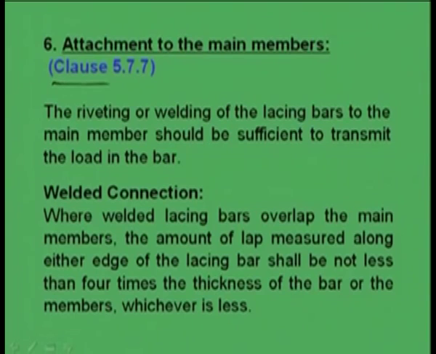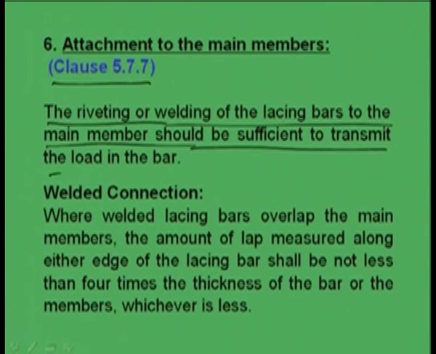For that also the codal guidance has been given, which has to be maintained. In clause 5.7.7 it has been given: the riveting or welding of the lacing bars to the main member should be sufficient to transmit the load in the bar.